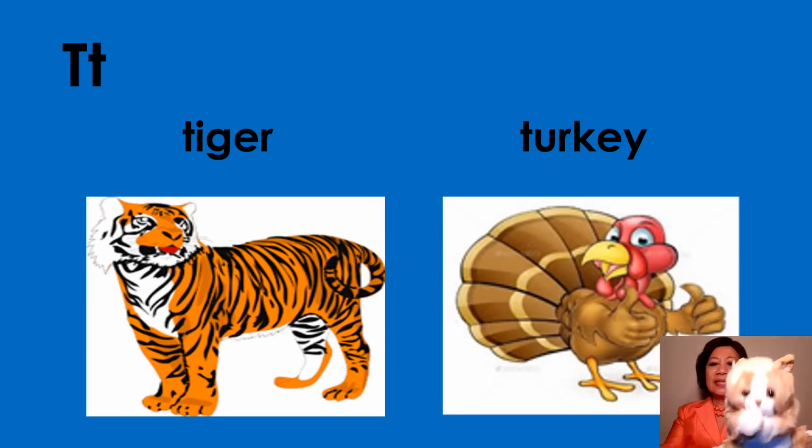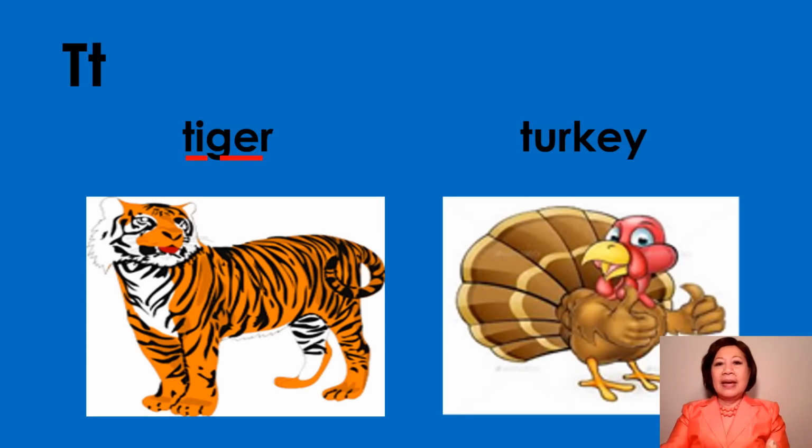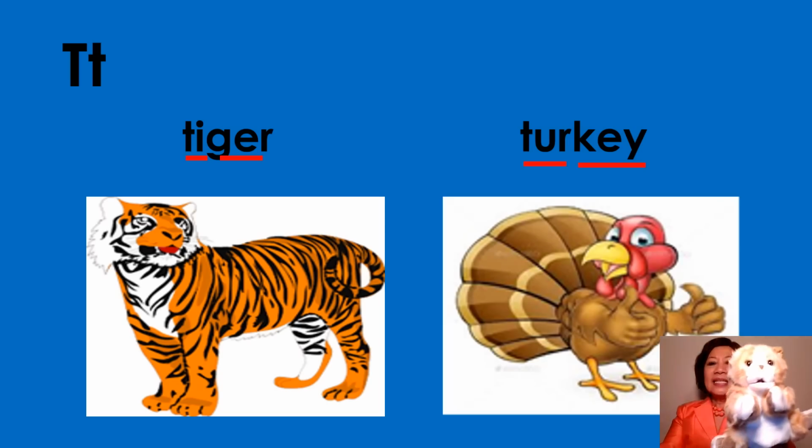T. T says T as in tiger. A tiger is the largest cat species found in a forest. T. T says T as in turkey. A turkey is a large bird that is native to the Americas.